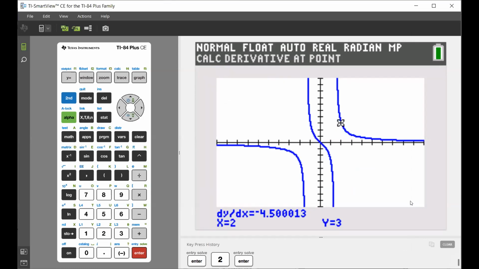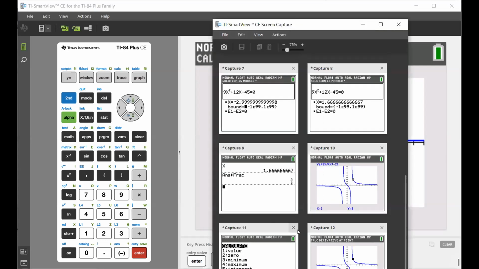It's just because of the way it's programmed. You know, it's not a computer. It's pretty good, but it's algorithmically programmed, and sometimes when it's doing these more difficult calculations, it gets into a bit of a rounding issue. That's okay. We'll take the negative 4.5 as our slope.